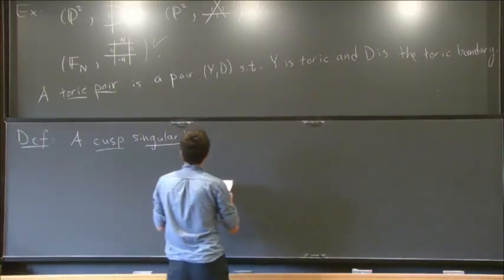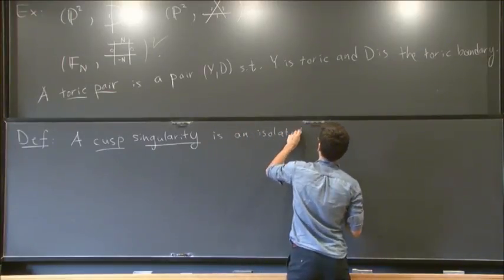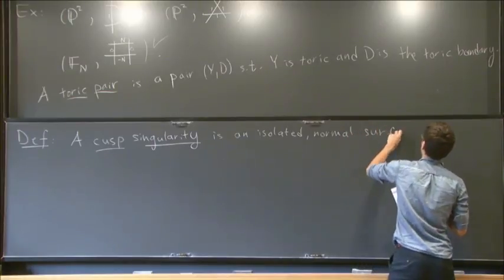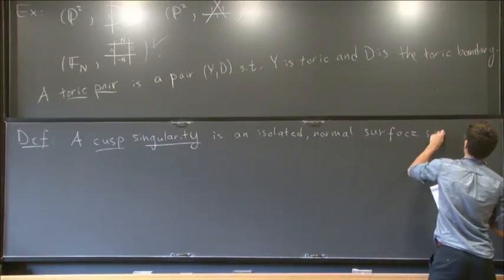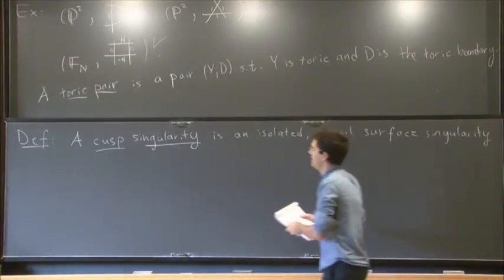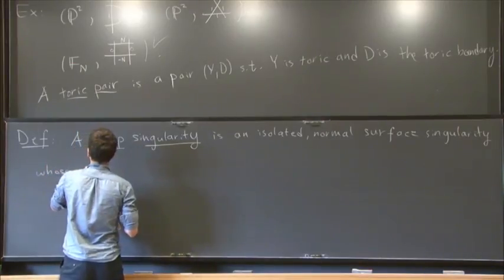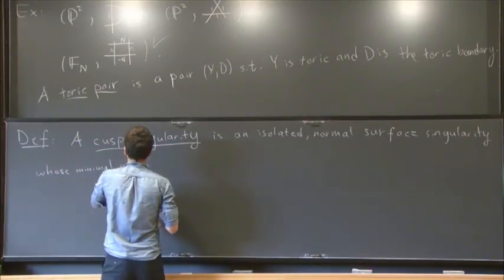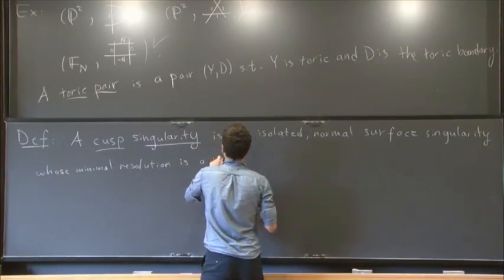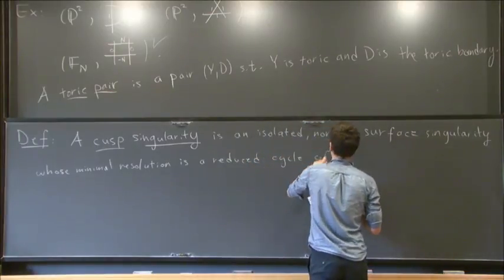A cusp singularity is an isolated normal algebraic surface singularity whose minimal resolution is a reduced cycle of rational curves.